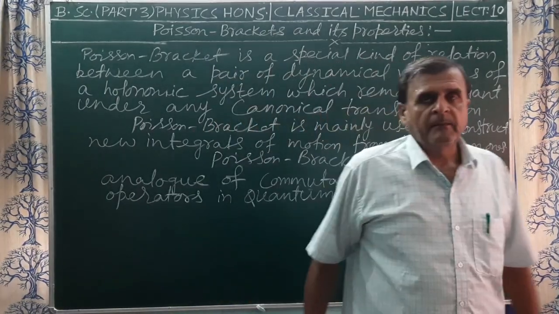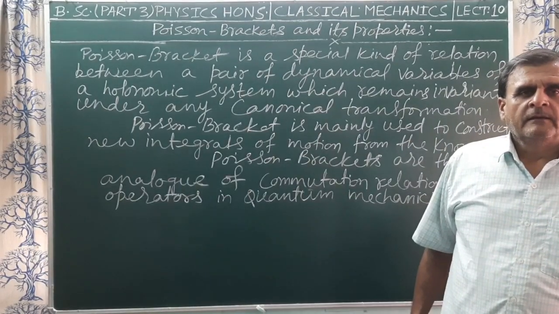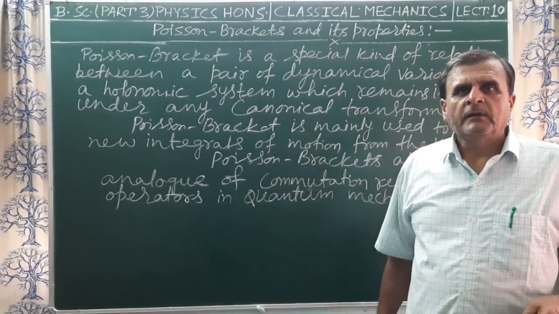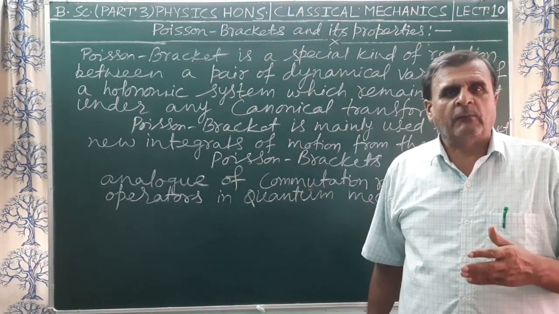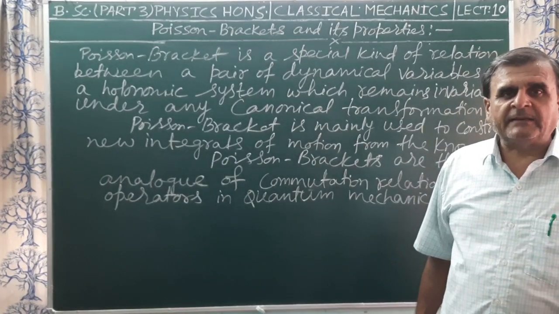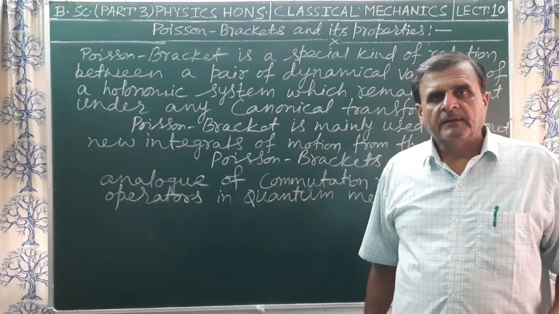Now we can mathematically define Poisson bracket of a pair of two dynamical variables, say capital X and capital Y, related to position coordinate q and momentum small p.